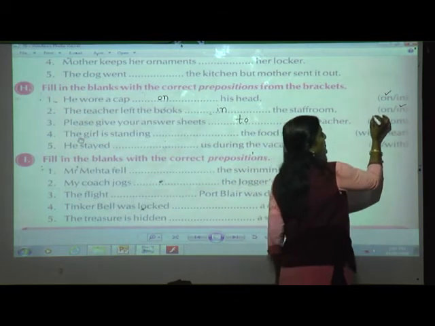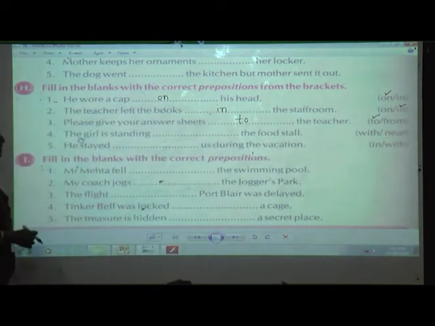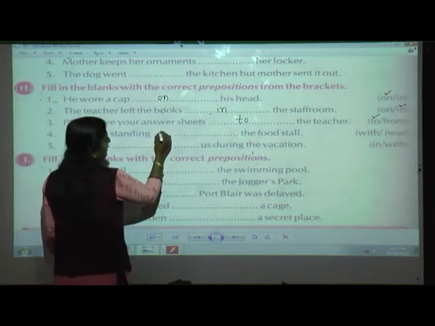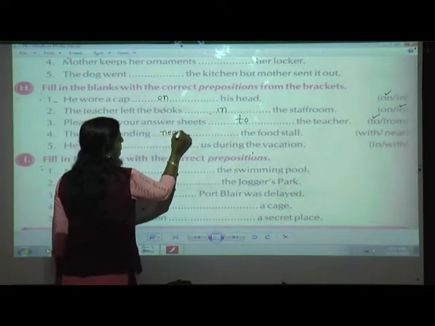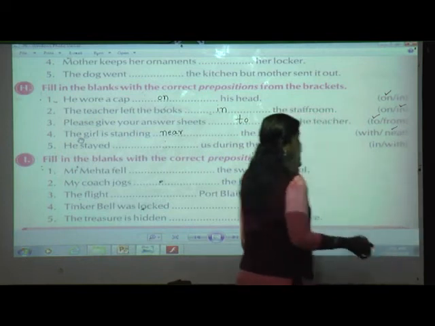So the correct preposition will be to. The girl is standing dash the food stall. Now, where is she standing? Near the food stall. We are not going to write with the food stall.